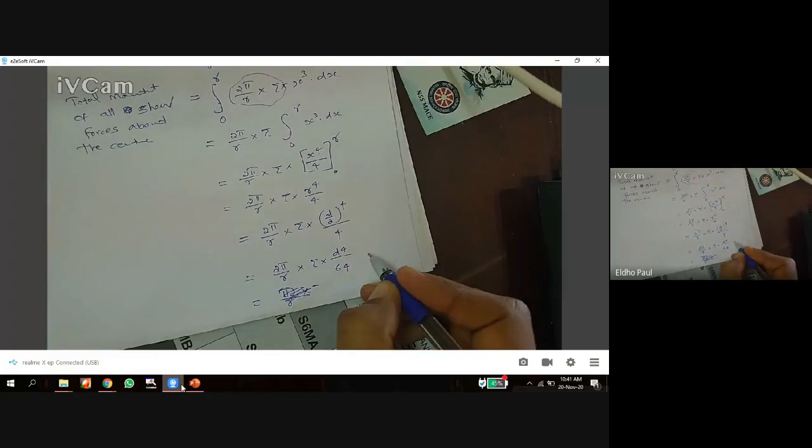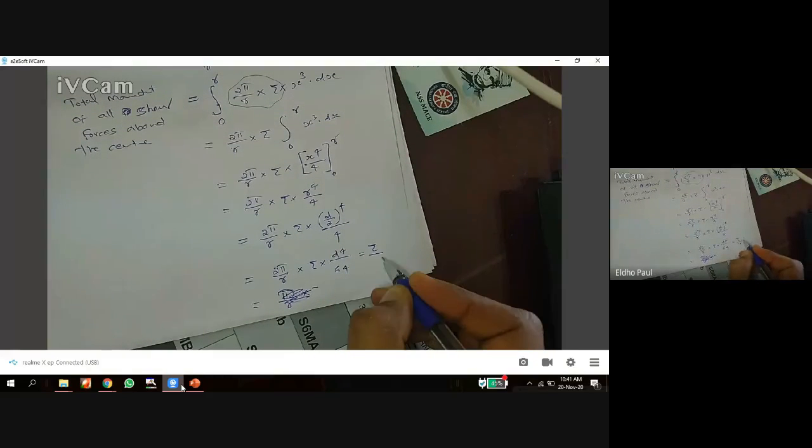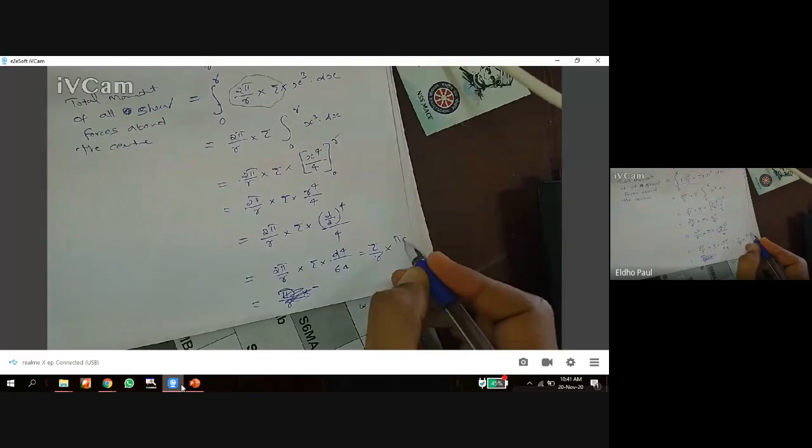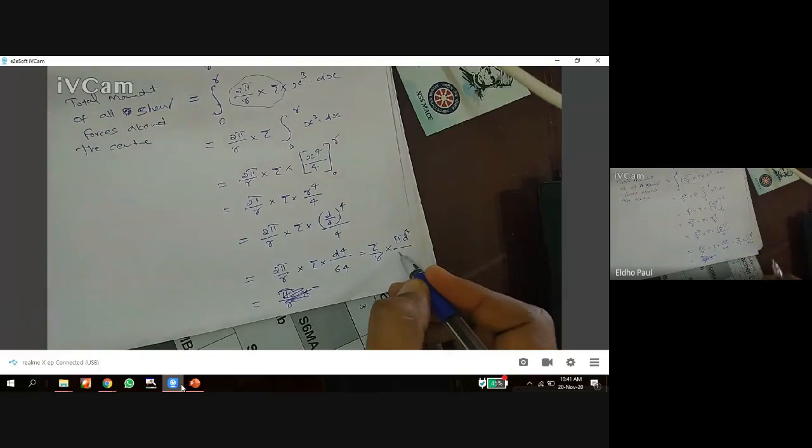So this is equal to tau by r into pi d raised to 4 by 32.